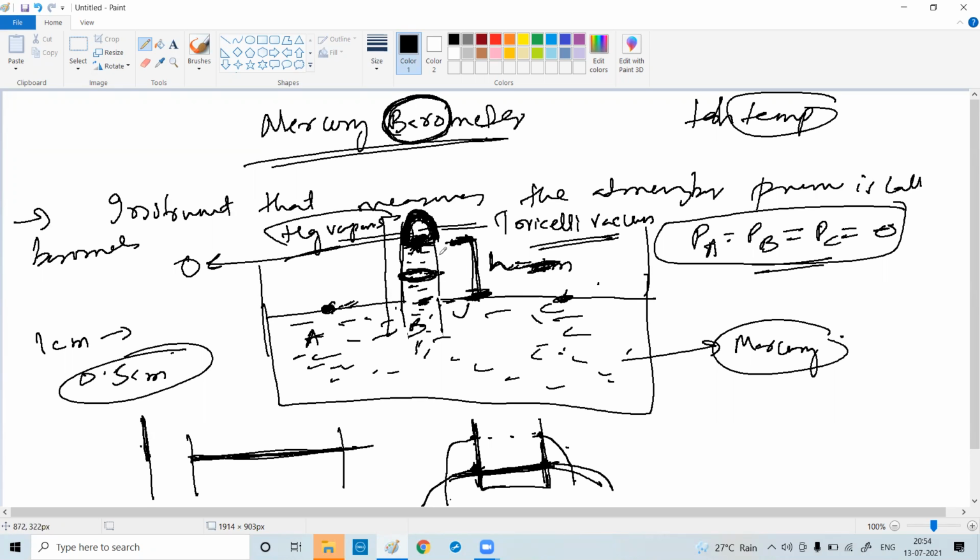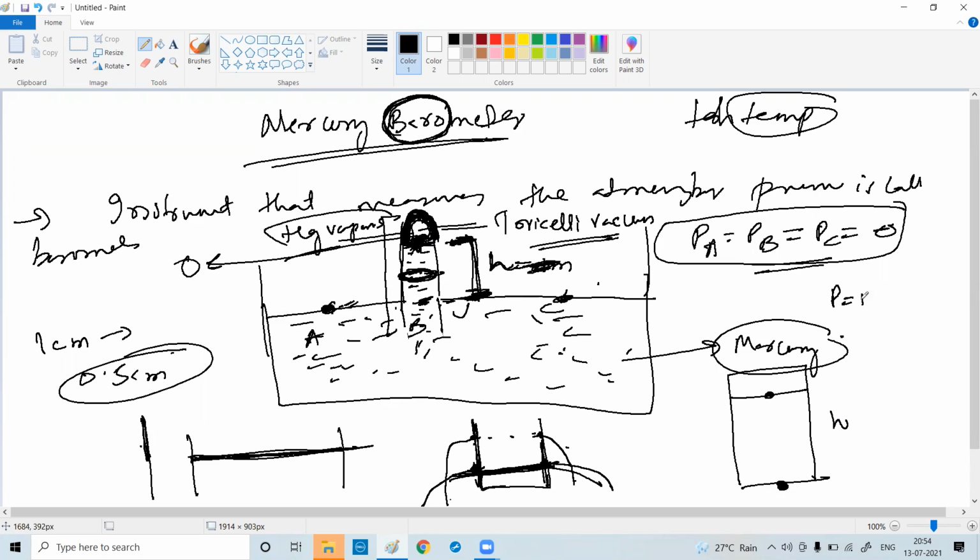If the pressure is zero, we have already seen in the previous class that if you want to find out the pressure at this point, you know this point and you know the height. We know the formula. What is the formula?